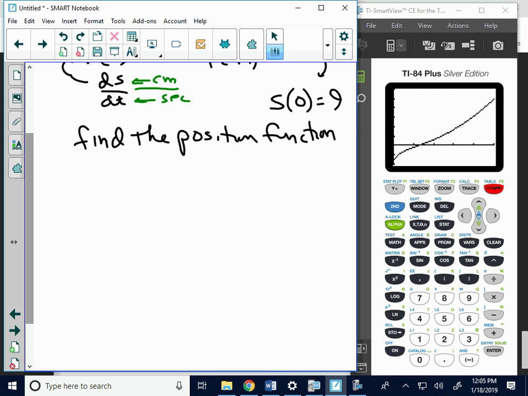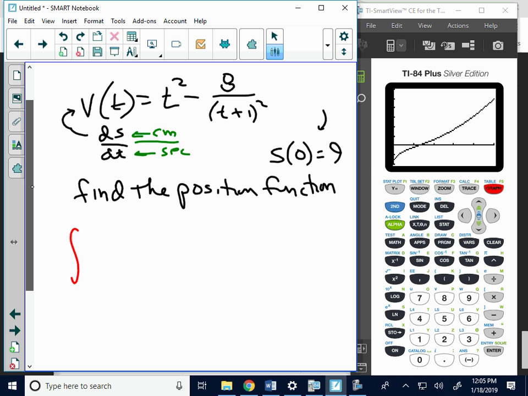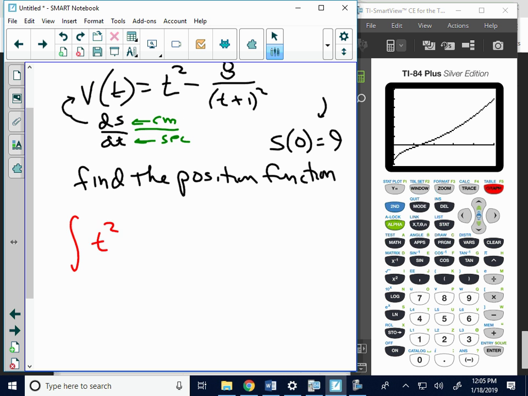Okay, so the integral of t squared minus 8 (t plus 1) to the -2. Can I write it as a power of -1 just to make it easier to integrate? Well, all of that is times dt. And by the way, this is another re-emphasis that the entire integrand is multiplied by the differential.